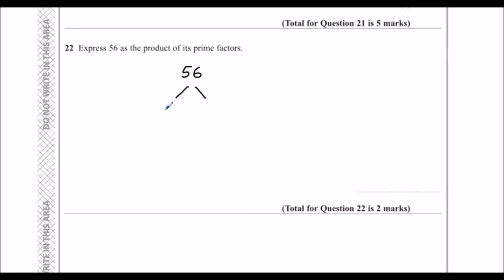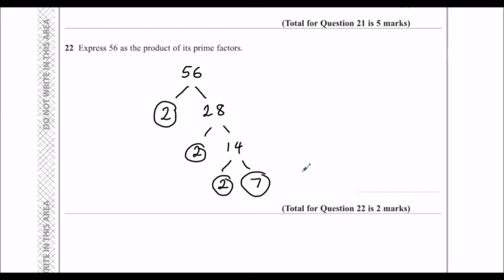So 56 can be 2 times 28, and 2 is a prime number. 28 can be 2 times 14, and 2 is prime, and 14 is 2 sevens, and 2 and 7 are both prime. So we could say 56 is 2 times 2 times 2 times 7. And that's our answer. We could also write it as 2 cubed times 7, but either way is absolutely fine.